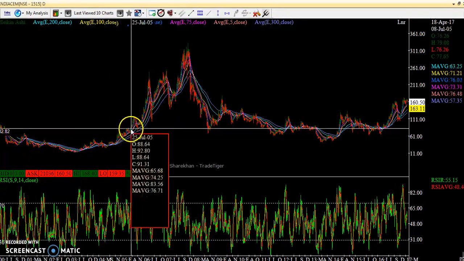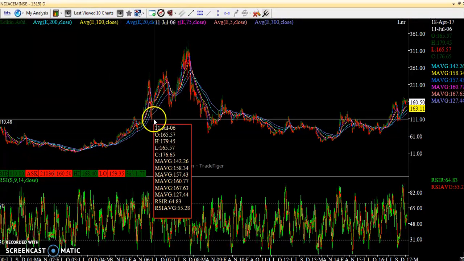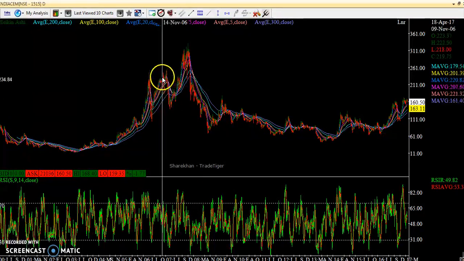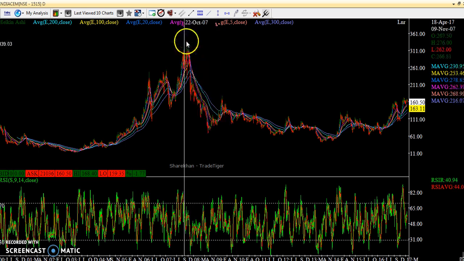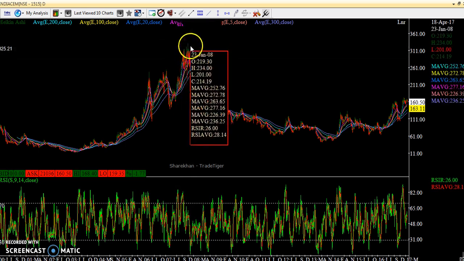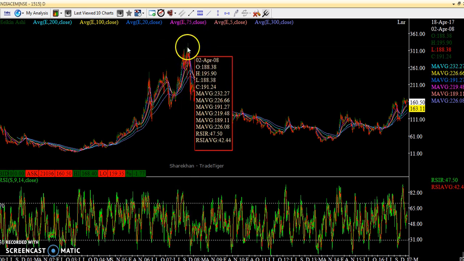So the stock started trending up, came down a bit, retraced a bit, went up, came down, retraced. This was a time when the real estate sector was at its peak.